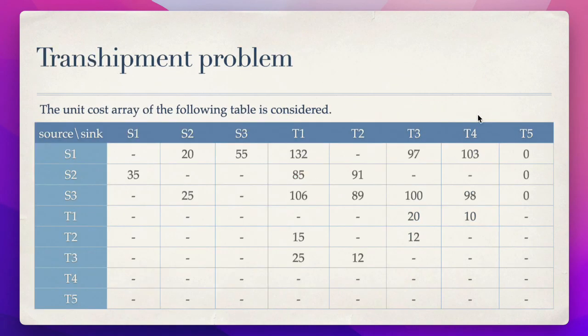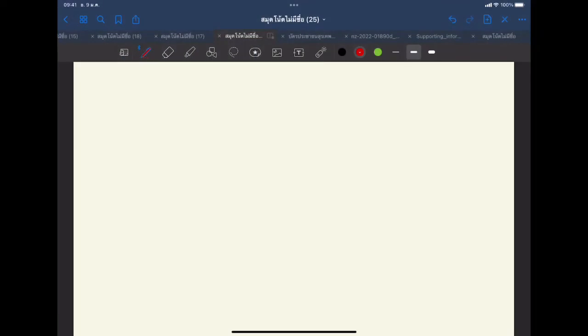Okay, so our task is, we have to find the minimum cost for all the distribution. So let's set out on this problem. So our objective is to minimize the total cost, right?